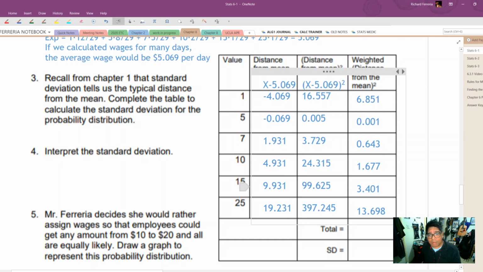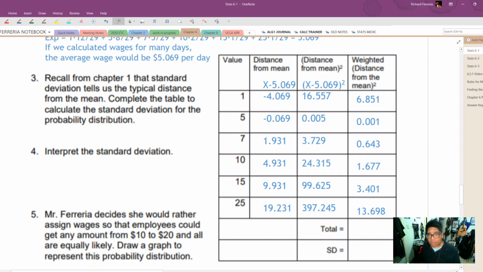Same thing down here with 15. The probability of getting a wage of $15 was 1 out of 29. And if we multiply the squared deviation by 1 out of 29, we get 3.041.